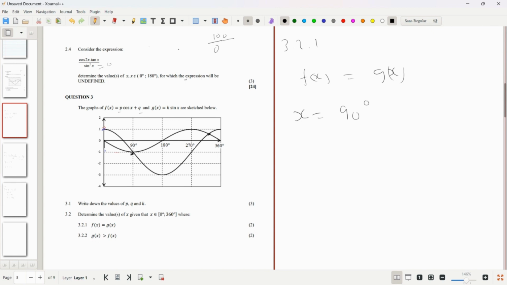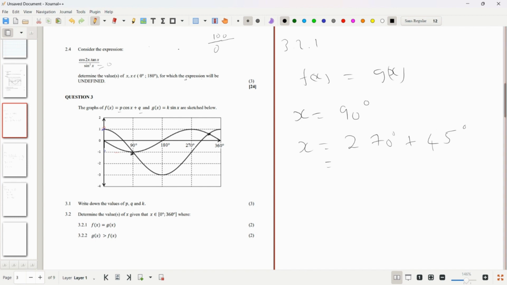And then the next one is this point here. What is this point here? So this point here is 270 plus 45, right? So the next x value is 270 plus 45.